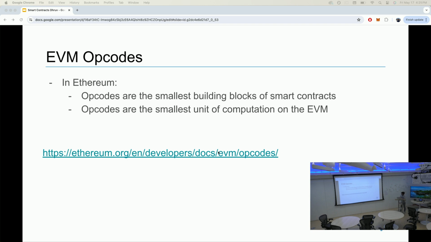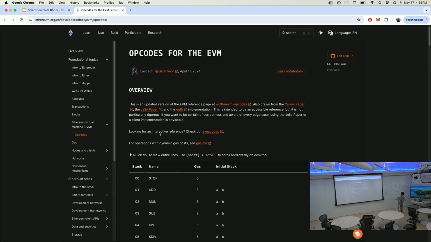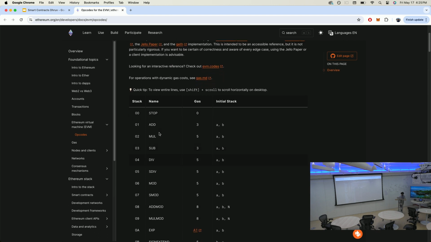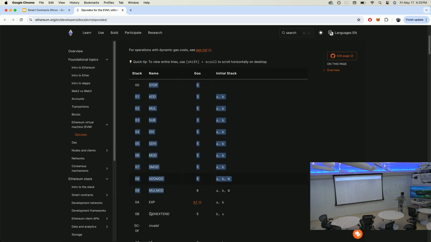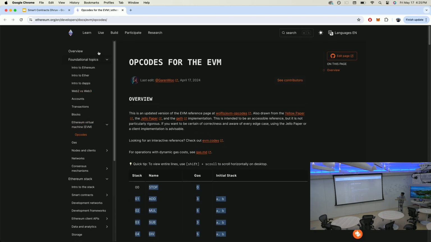This is from an Ethereum website, which lists all of the opcodes. The smart contracts, which are written in a much higher level language and do much bigger things, can all be broken down into these much smaller instructions. And there are a lot more of them, as you can see.